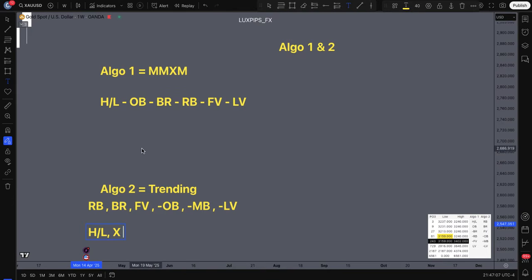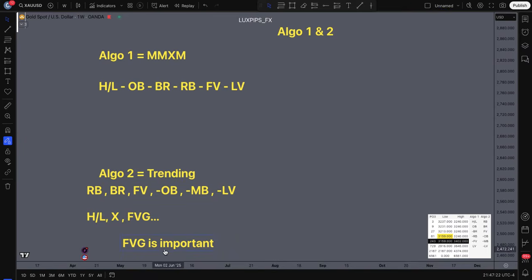You'll see one in an example soon. However, the most important zone is the FEG zone. The FEG is important. And from the FEG, you can target any other Goldbach zone. I like to target the EQ or opposing order block.